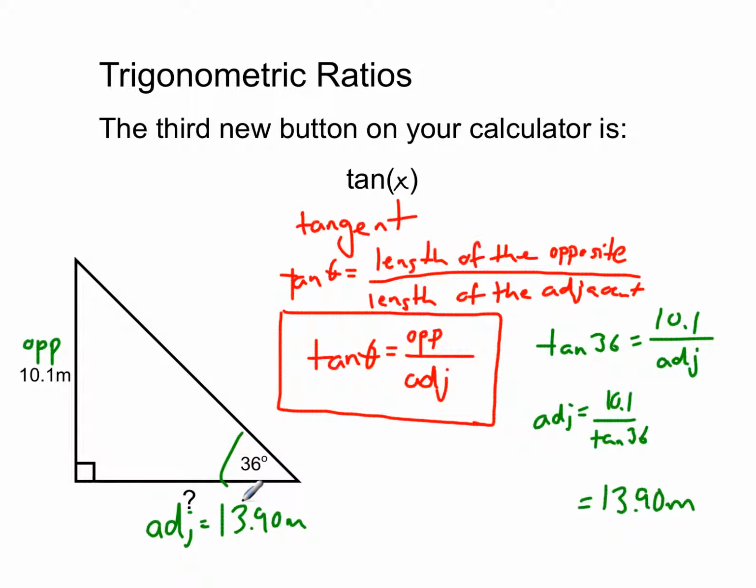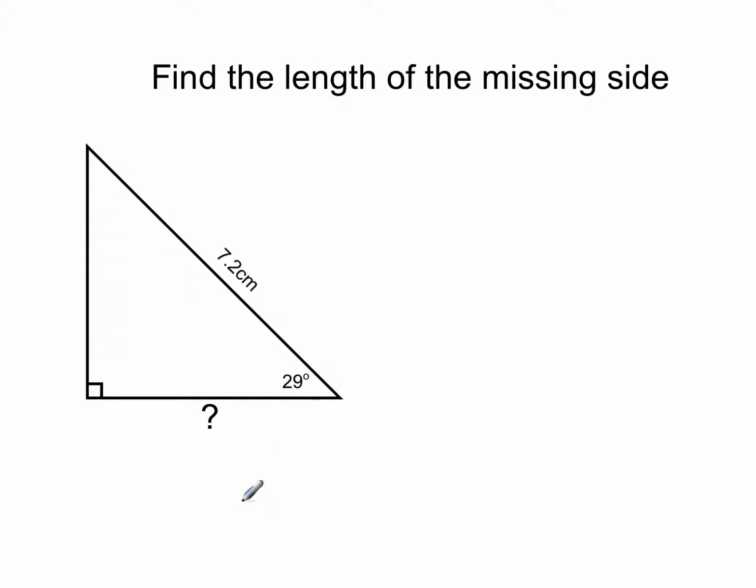So not too complicated, as you can see. It's just a matter of choosing the right one. This is how you're usually presented: it's not told, here use sine, here use cos, here use tan. You have to decide which one is appropriate. So let's see what we have. Here is our theta, down at the bottom right.